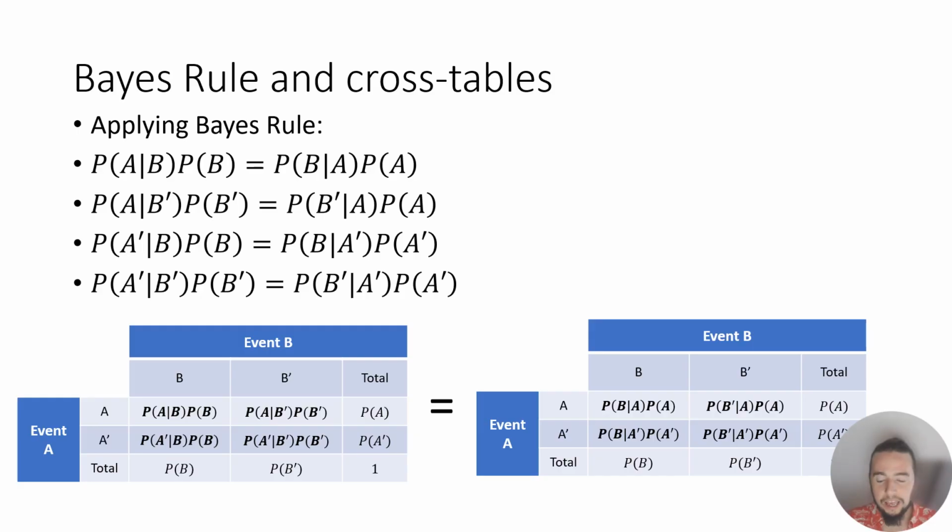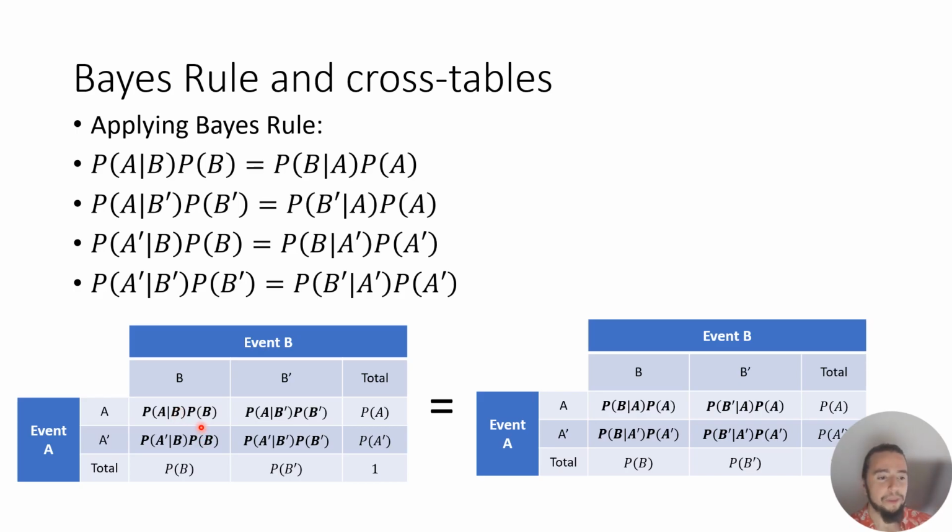Okay, so if we also recover the cross tables and start applying Bayes rule, remember that we can get to any joint or any combined intersection of probability of two things happening at the same time if we just turn them into the conditional probabilities multiplying their respective marginal.